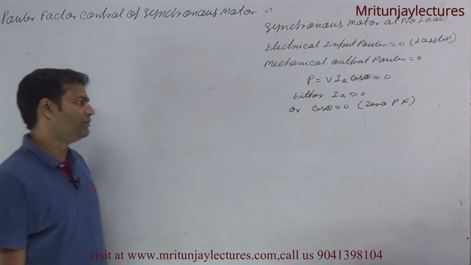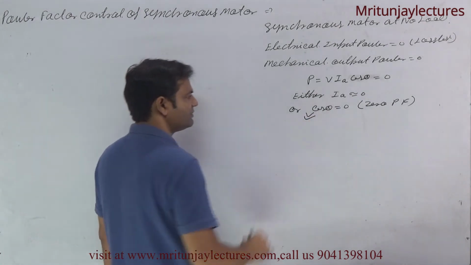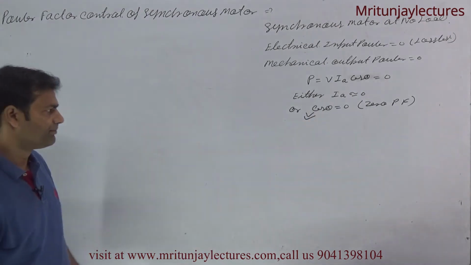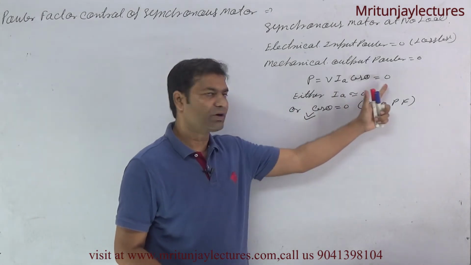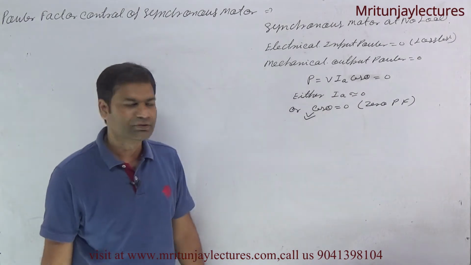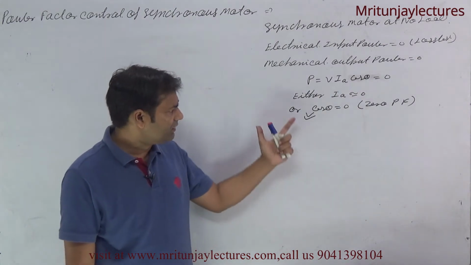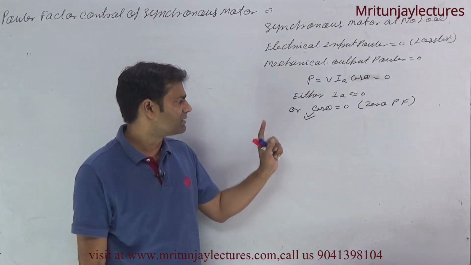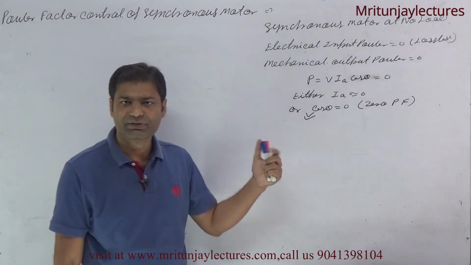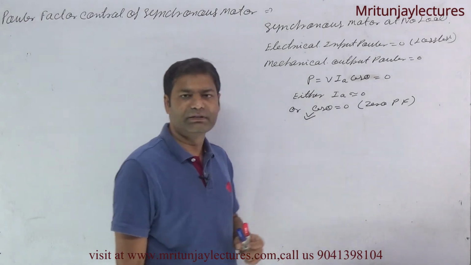Clear? We are interested here in this one. There are two possibilities. If Ia, the armature current, is 0, then the electrical input power is 0, or you can say the mechanical output is also 0. Or if cos theta is 0, that is zero power factor.